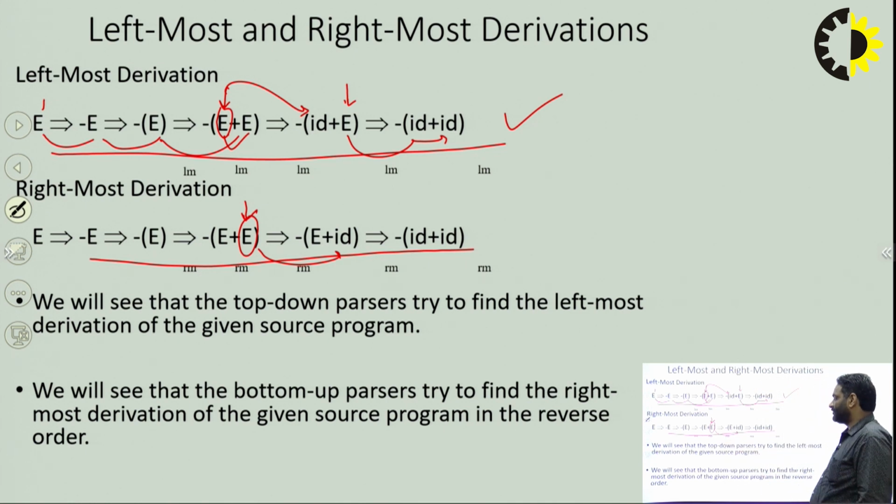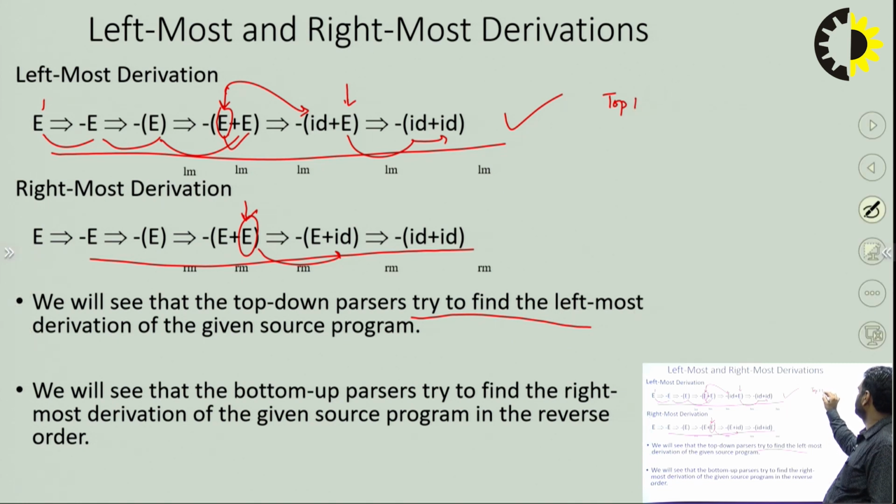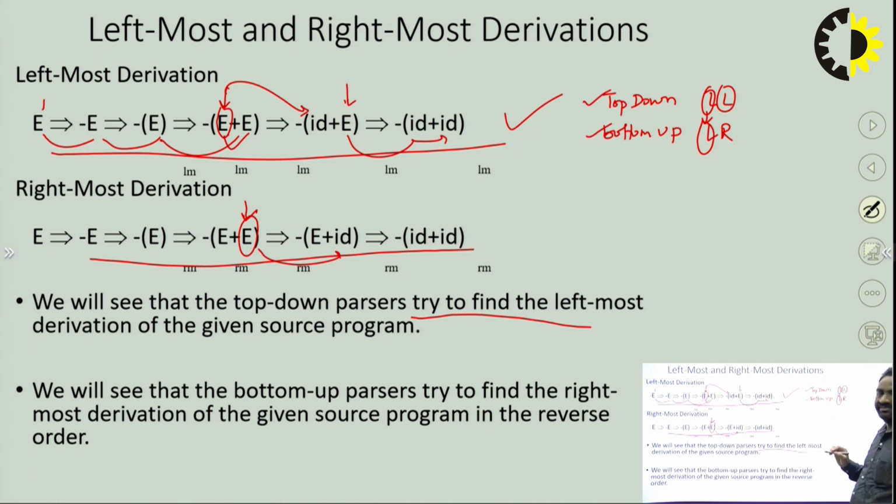We will see that a top-down parser tries to find the leftmost derivation of the given source program. Top-down and bottom-up: the L in both approaches has the same meaning, that is, we are scanning the symbols from left to right.